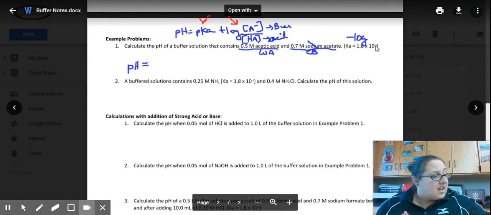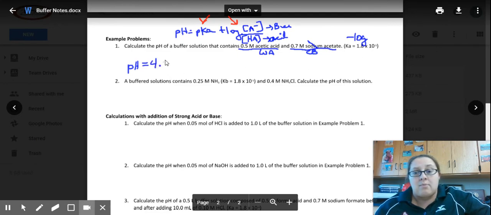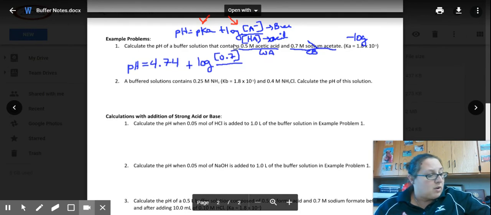If I take the negative log of this number, I end up getting my pKa, which is 4.74, plus log. Which one goes on top? The base goes on top. So that's this 0.7 molar, over the acid. The acid is the acetic acid, which is 0.5 molar.